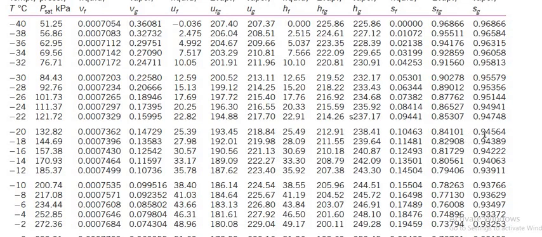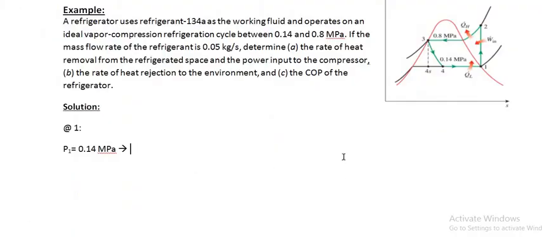So noting it down, we have h1 equals 239.19 kilojoule per kg, and s1 is equal to 0.94467 kilojoule per kg-K.